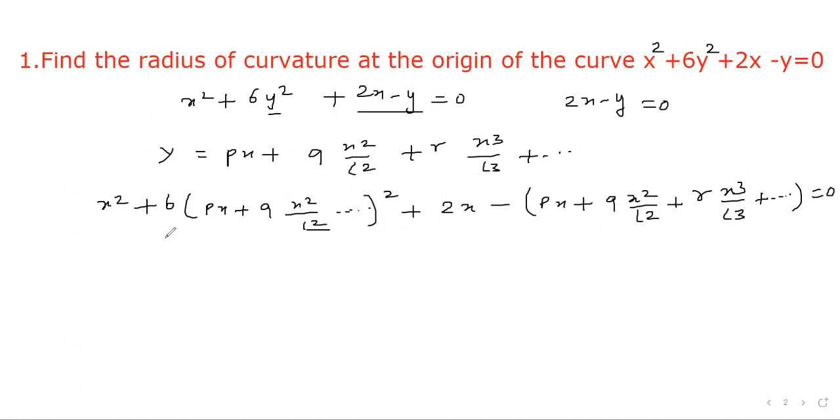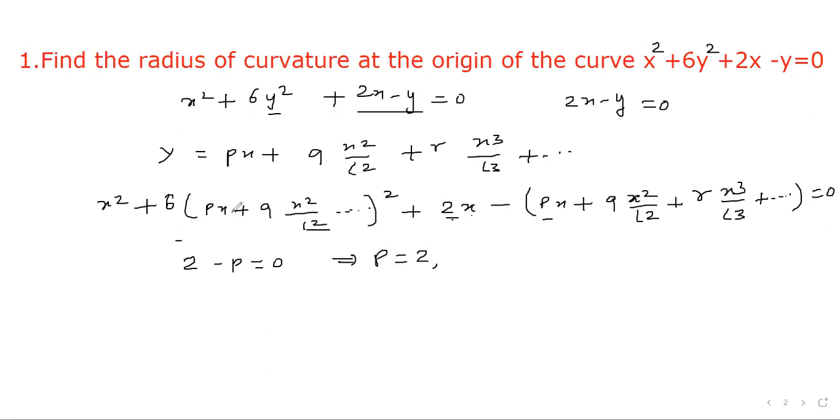So the coefficient of x will be from here: this is x, because here this will get squared so it will be x squared. So this is 2 and p only. Other terms contain higher powers of x. So we can say the coefficient of x will be 2 minus p equal to 0, so from here we get p equal to 2.